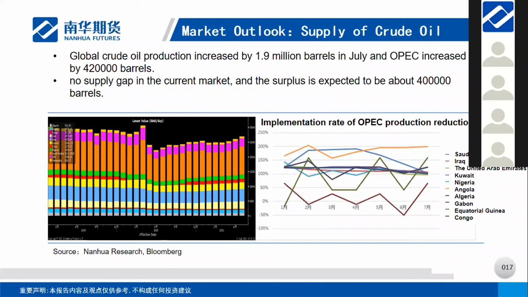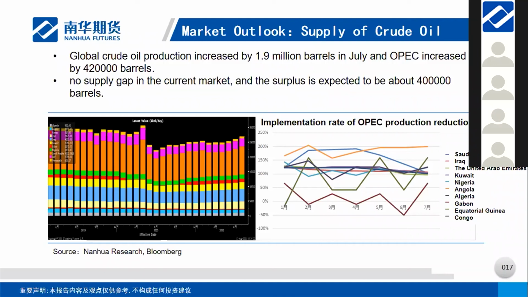Now Iran's crude oil output is 2.45 million barrels per day, and the production capacity of 1.4 million barrels per day remains to be released.